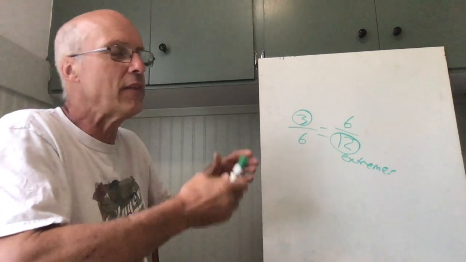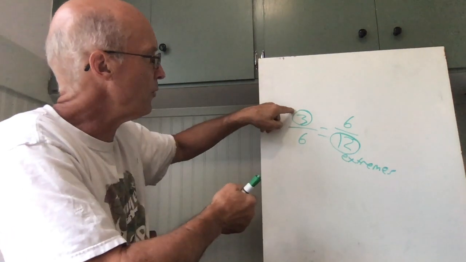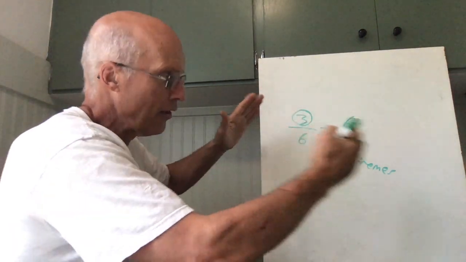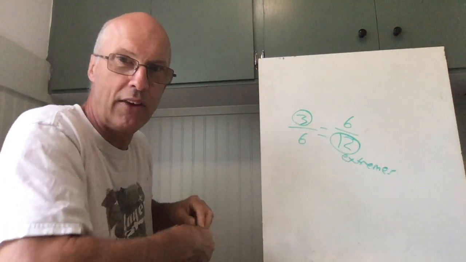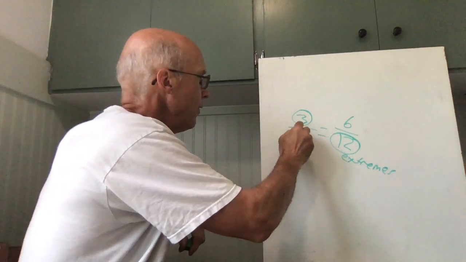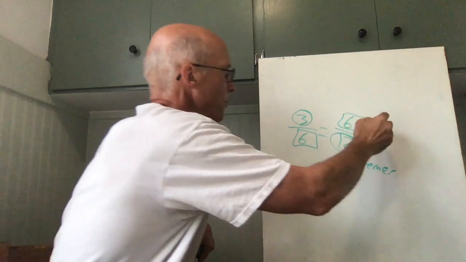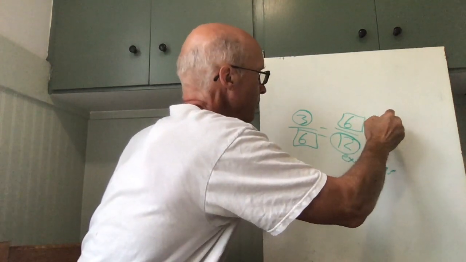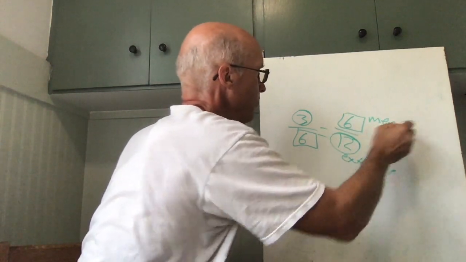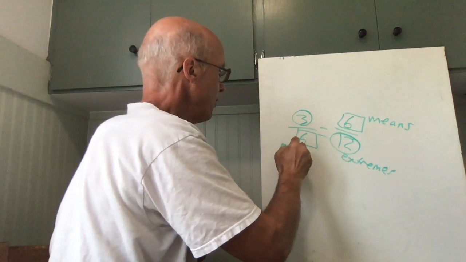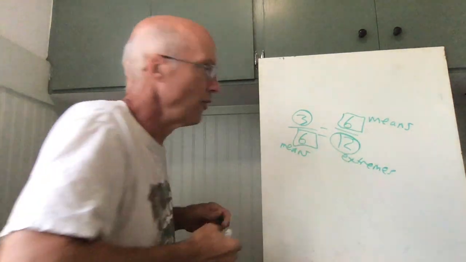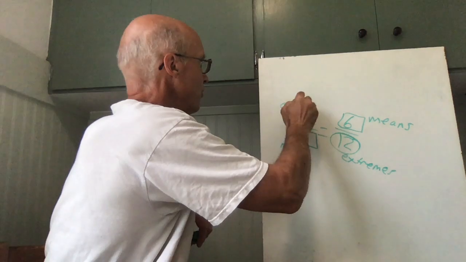Maybe if you think of it as a sequence, this comes first, this comes last, so they're on the far ends. And this number here and this number here are the means. And this is an extreme.